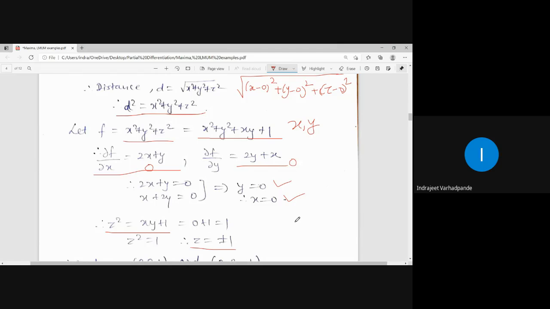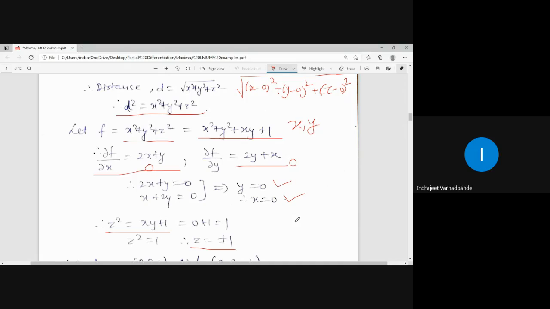Now see, here it is a point, so a coordinate can be positive or negative, and taking the square root will give you both values. But if they were dimensions of a rectangular parallelepiped, would we consider the negative sign? No, sir, because dimensions are always positive. So you have to decide depending on the given question.